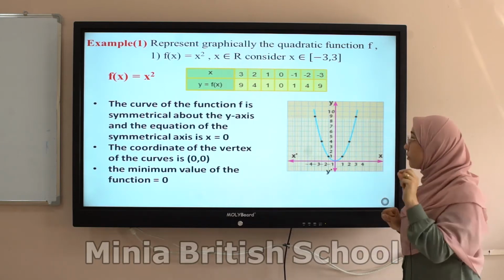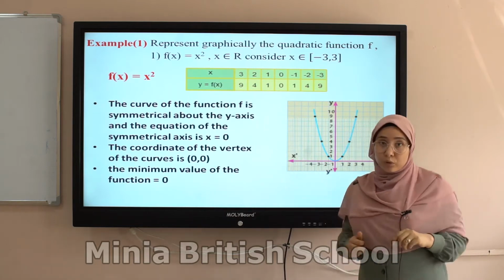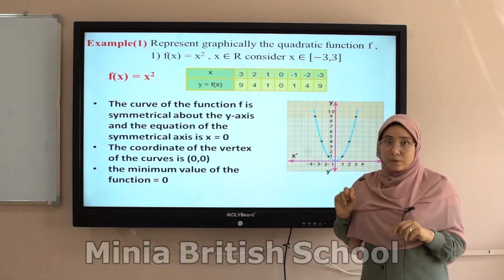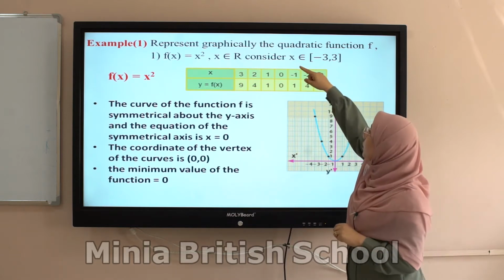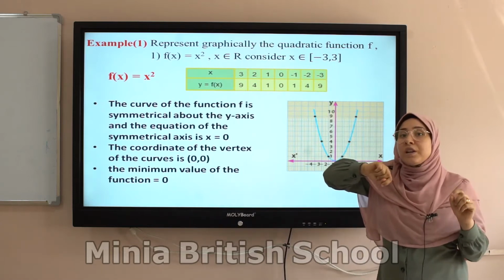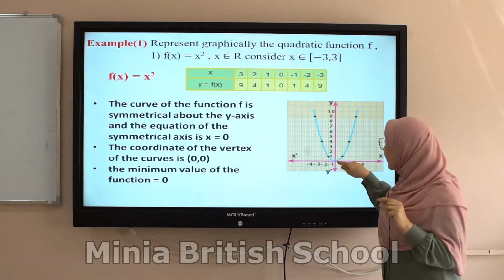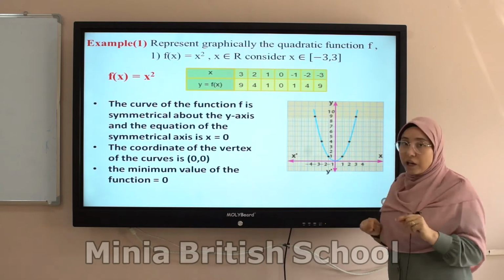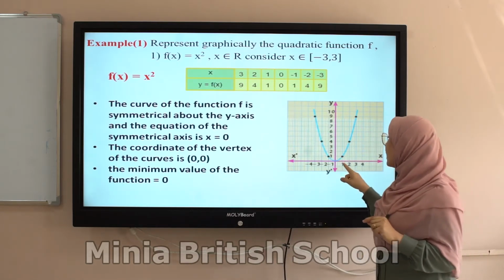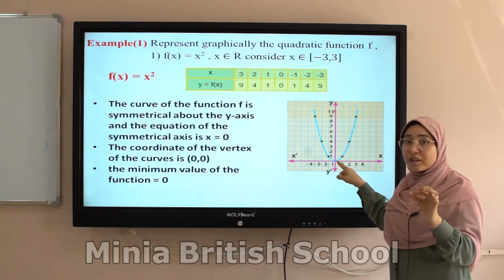From the table, I have 7 ordered pairs. The middle ordered pair, (0, 0), represents the point of the vertex of the curve.